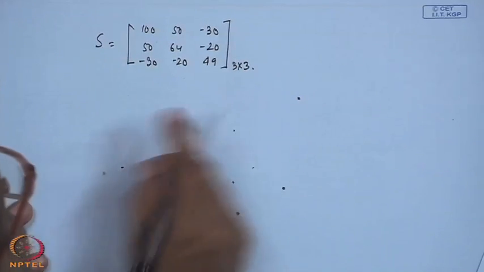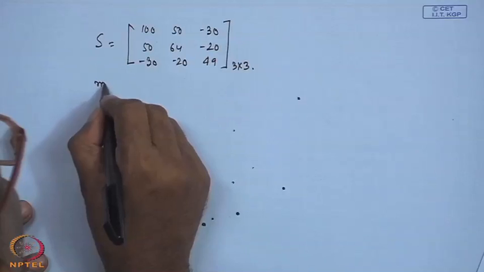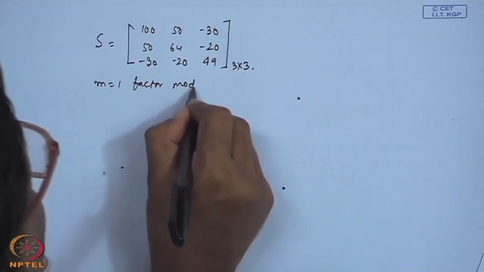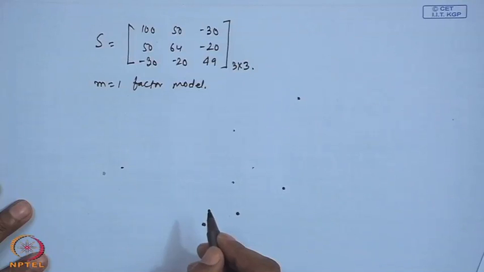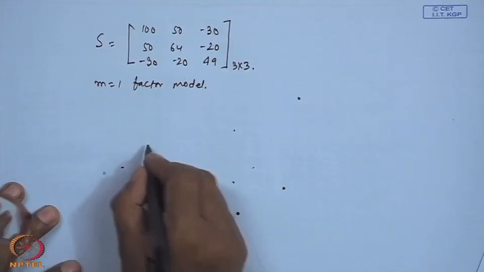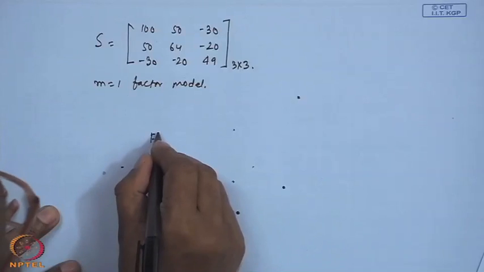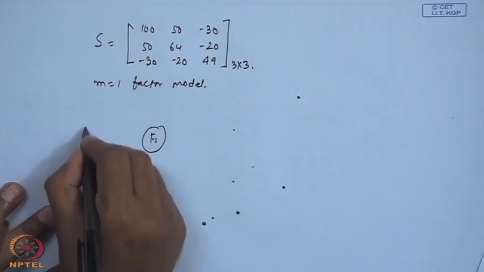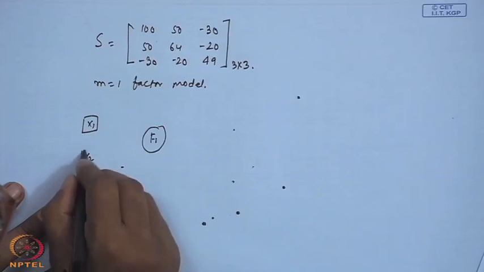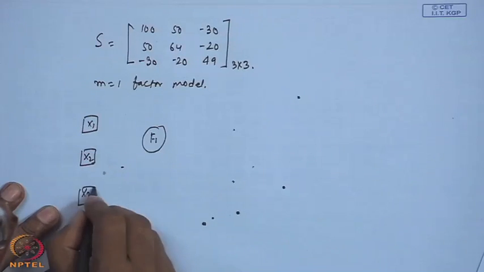What I want is an M equal to 1 factor model. What does M equal to 1 signify? That means there is one factor, let it be F1. I have 3 variables x1, x2, x3.